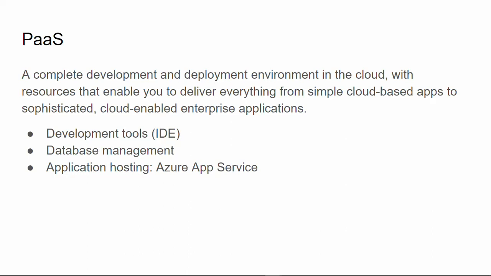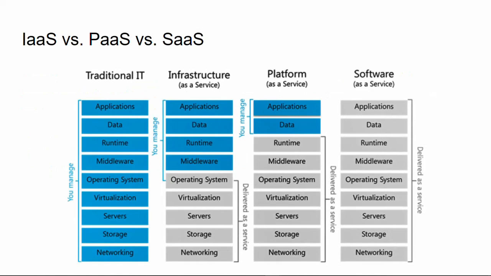For example, we just mentioned you are hosting a web server using Flask. Azure App Service actually provides such a hosting environment so that it takes care of the runtime and the middleware.